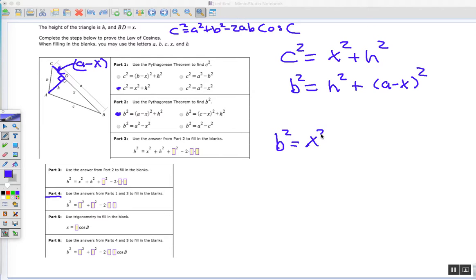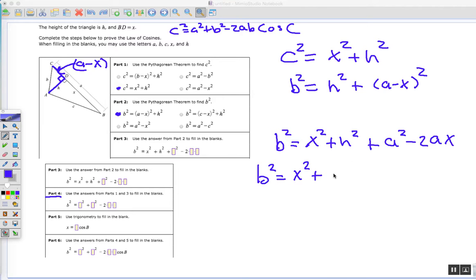So b squared, I'm going to just rewrite that again, is h squared plus a squared minus 2ax. So from this point, what we want to do is go ahead and substitute for h squared. So h squared, if we were to solve this for h squared, we would get c squared minus x squared.